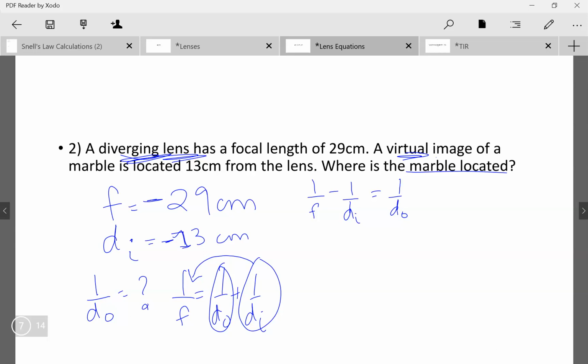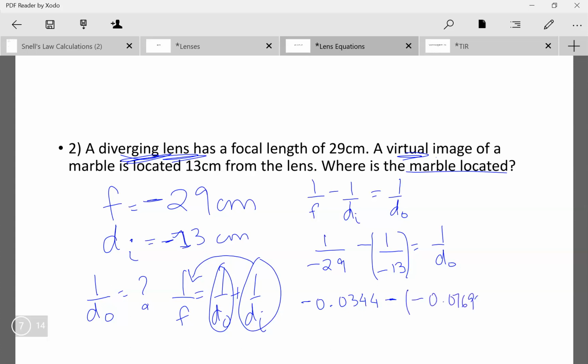And so here, 1 over f would be 1 over negative 29 minus 1 over negative 13 is 1 over do. And then I can put that in my calculator. 1 divided by negative 29 is negative 0.0344. Subtract 1 divided by negative 13, which is negative 0.076923.